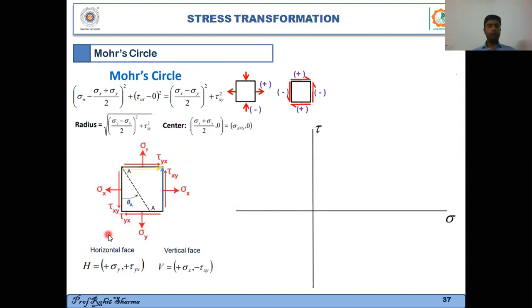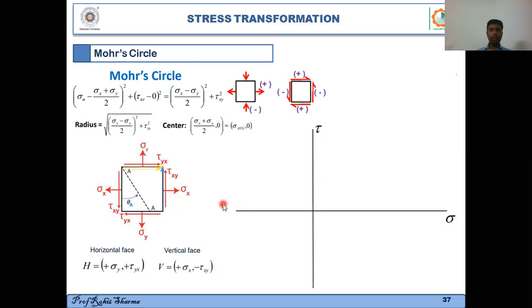Similarly, if you consider the horizontal face, which I have denoted by H, the normal stress sigma y is positive, so it will be plus sigma y, and shear stress is again positive because it is trying to rotate this face in clockwise direction. So the coordinates for point H will be plus sigma y and plus tau xy, whereas for the vertical face, it will be plus sigma x and minus tau xy, right?